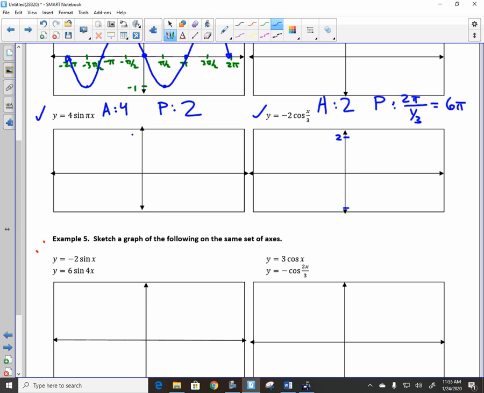Mark off 2 and -2. 6 pi, -6 pi. If I take 6 pi and divide it by 2, I get 3 pi.